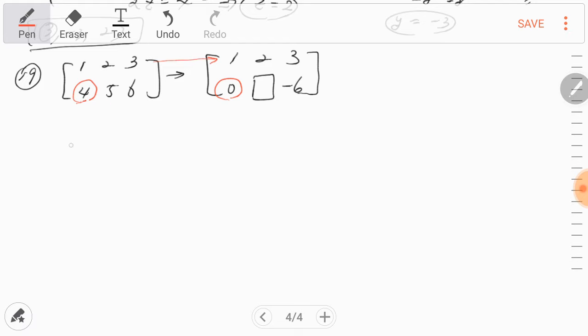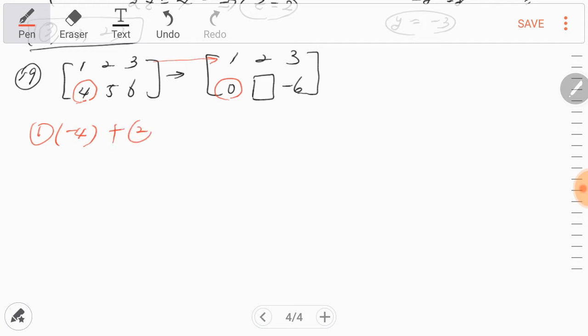Using the first row, it looks like, okay, multiply the first row by -4 plus the second row.